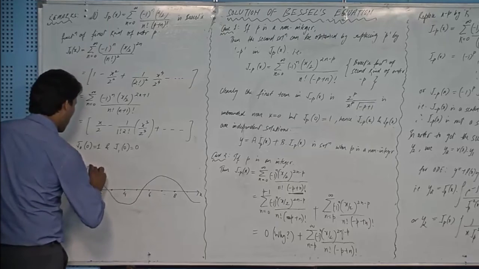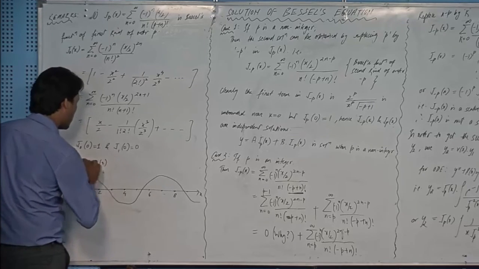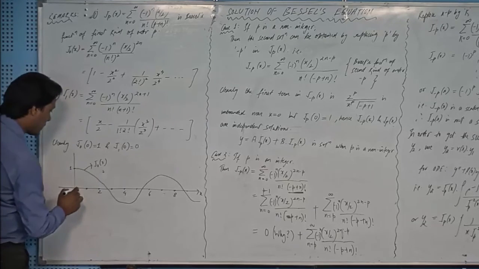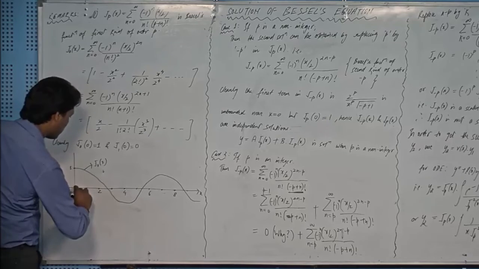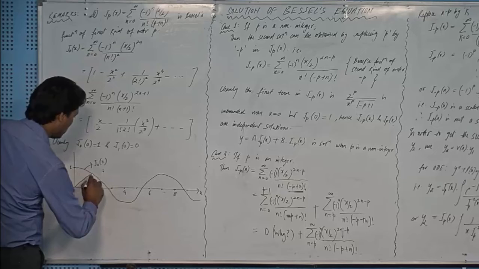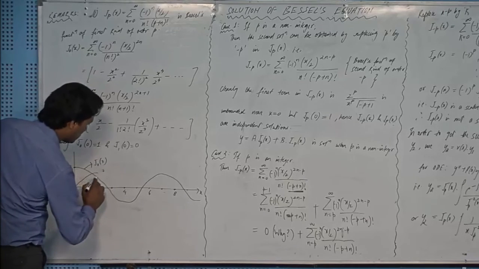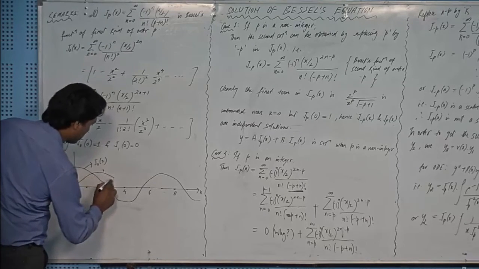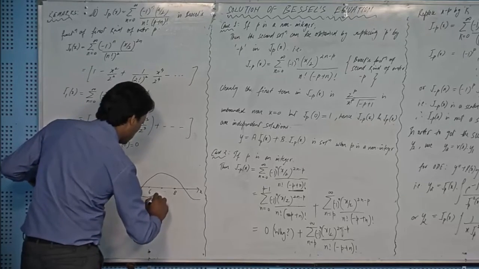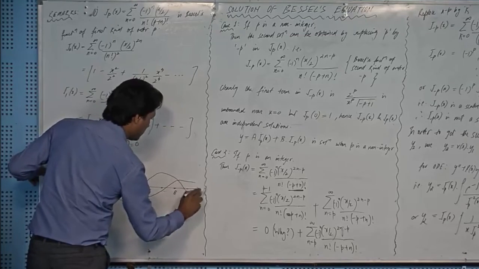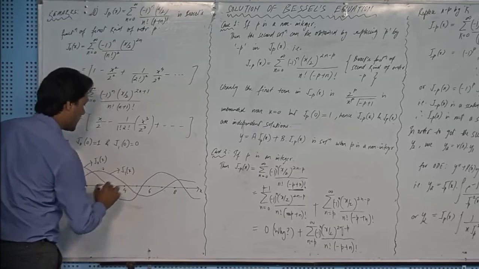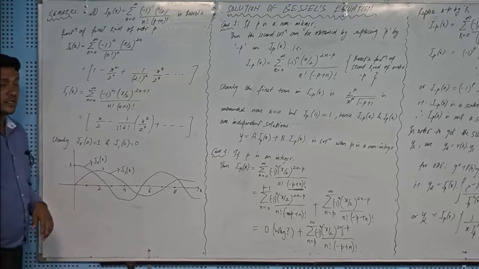This is the graph of J0(x), and similarly the graph of J1(x), since it starts from 0, will go like that. Right, so this is the J1(x), and you can see that their zeros fall alternately.